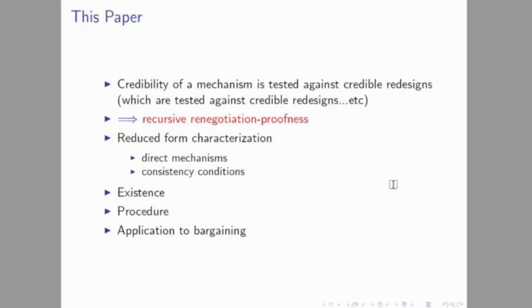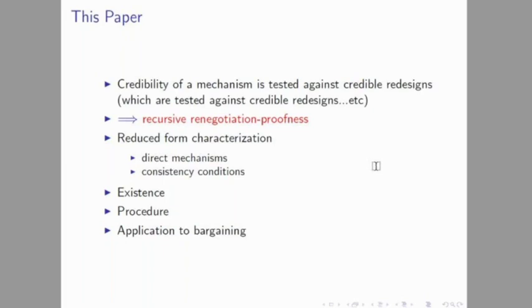So I'm going to formulate a solution that captures precisely this idea in a tractable and understandable manner, hopefully. I'm going to give a reduced form characterization of direct mechanisms that survive this criterion, and the criterion is based on certain consistency conditions that I'm going to be very explicit about.